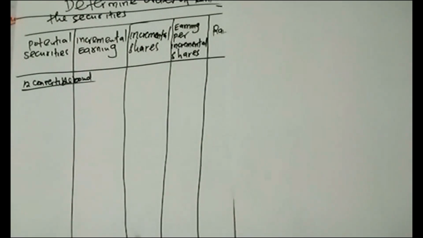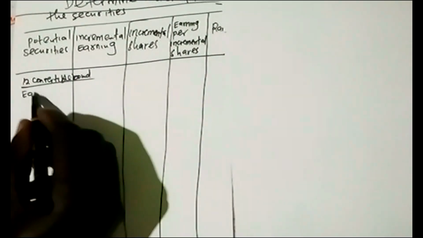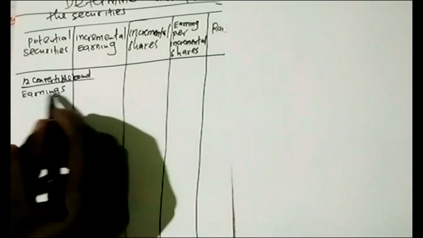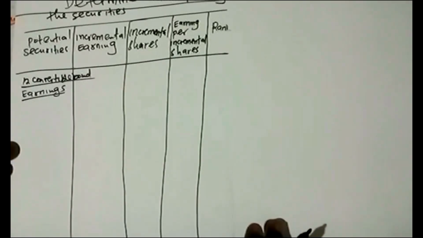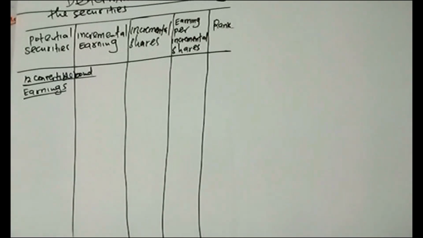So under earnings, you have to do it this way. Remember that out of the 25, 10 was converted to ordinary shares. But when we are dealing with diluted earnings per share, we use both securities, the ones which are likely or unlikely to be converted to ordinary shares.